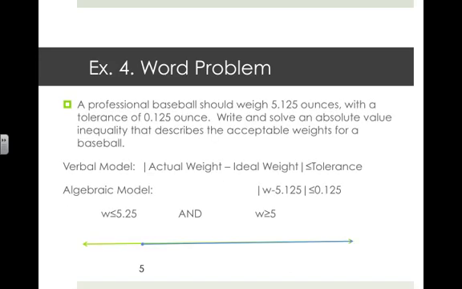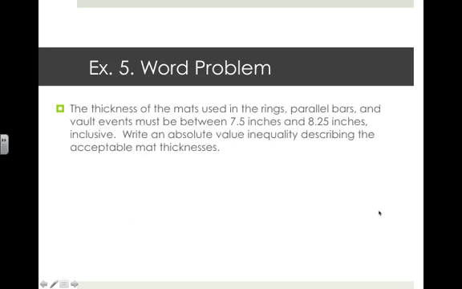Let's look at that. 5 or bigger, 5.25 or smaller, and means both have to be true, so it's just where they overlap. So there you go. It starts at 5 with a closed endpoint, ends at 5.25 with a closed endpoint, and any weight in between. So 5 is less than or equal to W is less than or equal to 5.25.